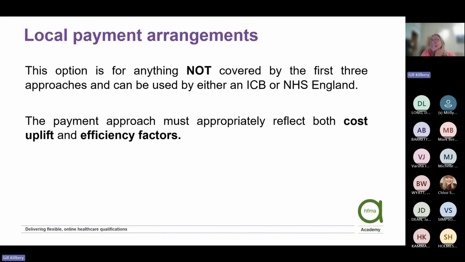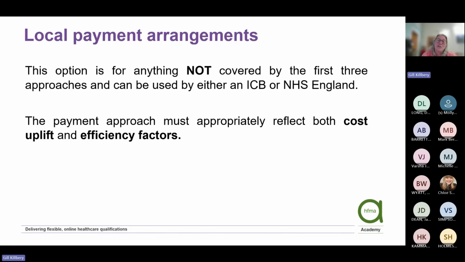For example, an ENT outpatient procedure could be carried out in an acute hospital and be payable at the national price. However, the same procedure could also be carried out by a GP specialist in a practice clean room or community hospital. The commissioner may negotiate a discount off the national price with the GP specialist due to the reduced infrastructure needed, because they're not doing it in an acute hospital.